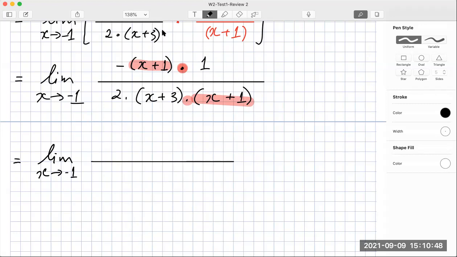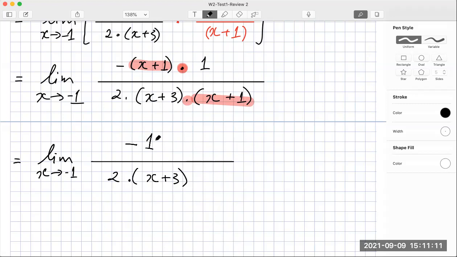Thank you, Olivia. -1. Yes, the negative times 1 here is -1. And in the denominator, they cancel out. It will be 2 times x plus 3. Very good. Okay, then it becomes easy, right?